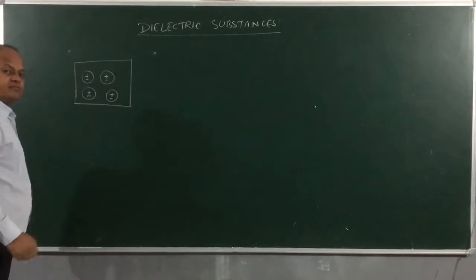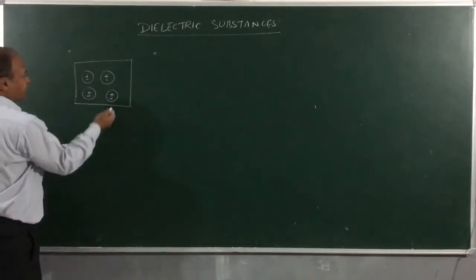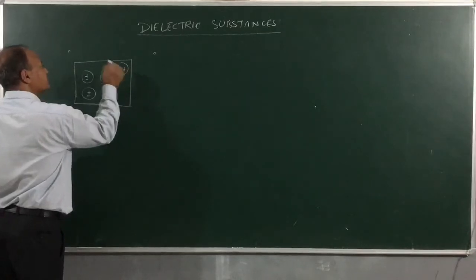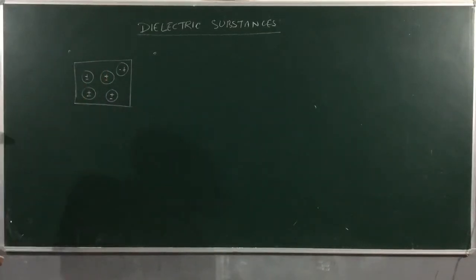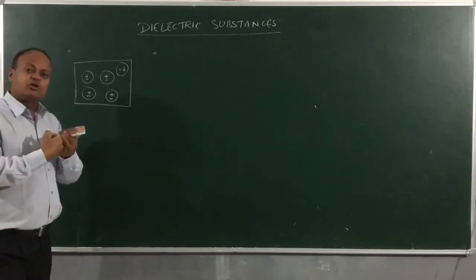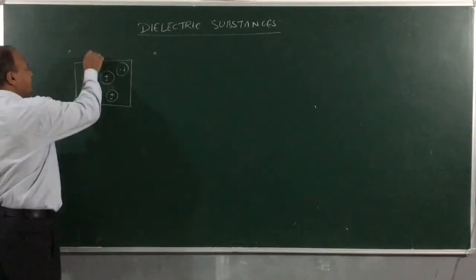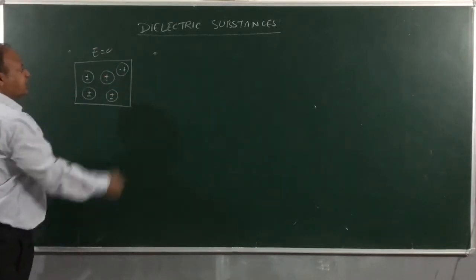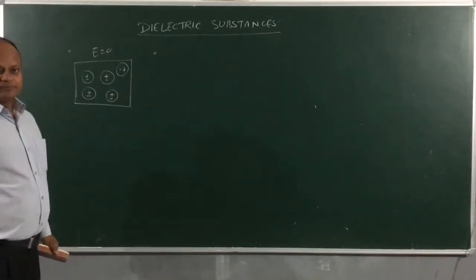It is not necessary that it should be vertical, you can keep it like this also. You can do it either way. But they are almost coincident. When the external field is equal to 0, this is how the molecules will be oriented.